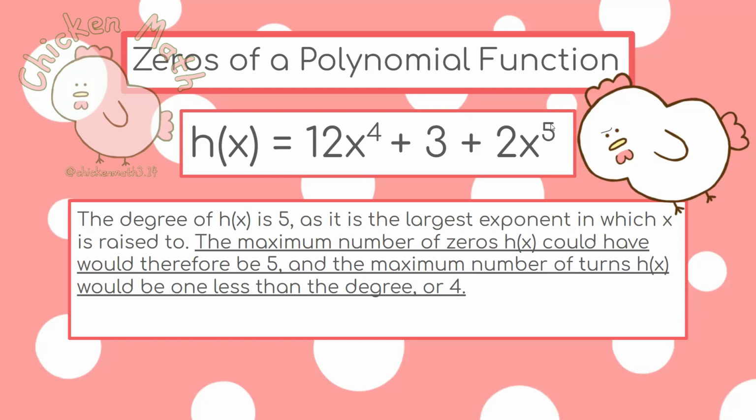So that means that the maximum number of zeros h of x could have is 5. It's equal to our degree, and the maximum number of terms is 1 less than our degree. So 4 would be our maximum number of terms that h of x could have. Now, it could have less, but this is the limit.